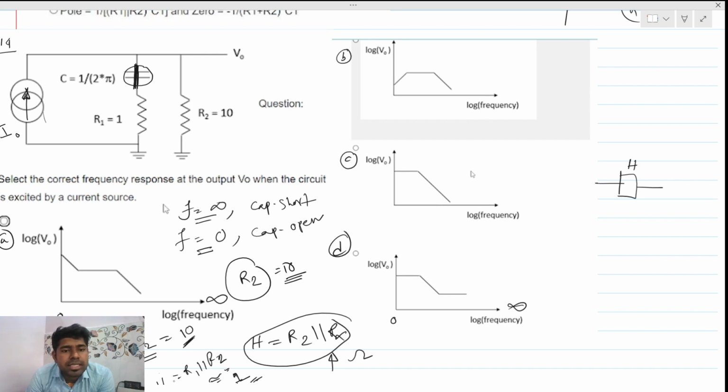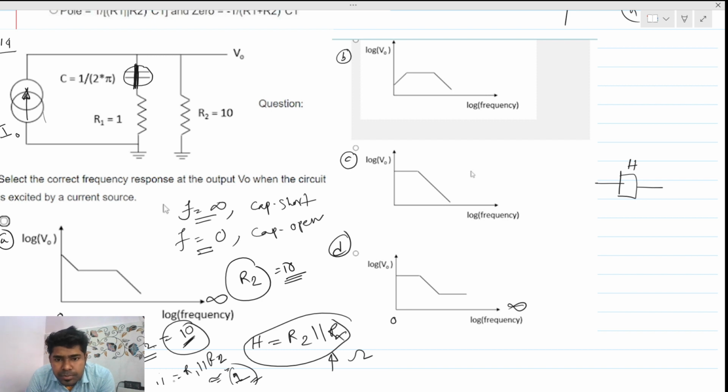So at f equals 0, the output is high, and at f equals infinity, the output is very low. Let's see in this picture which has similar functionality.